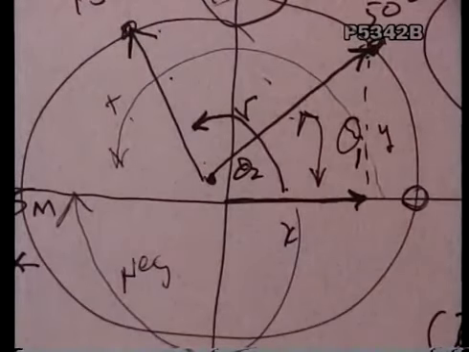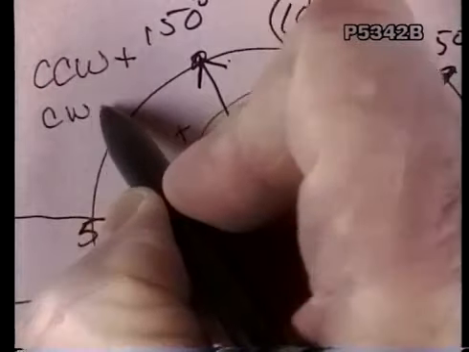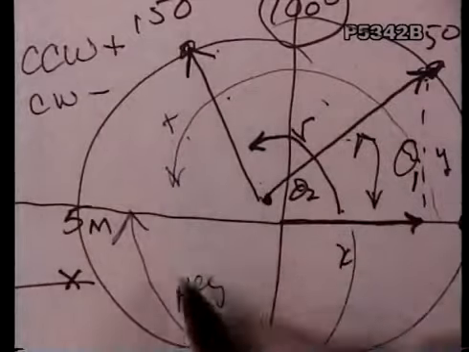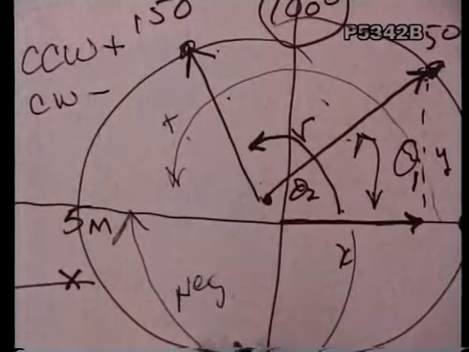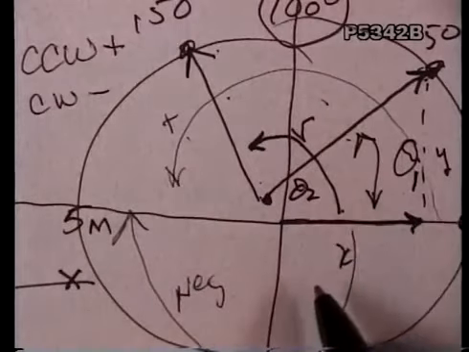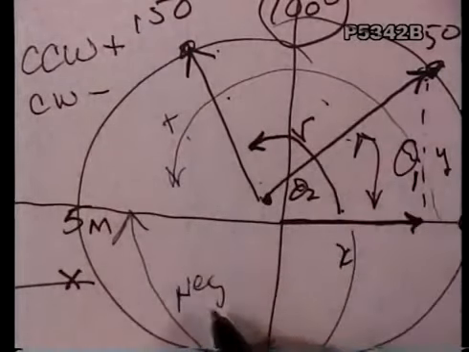That's fairly easy. Now, we sometimes say that counterclockwise is positive, whereas clockwise is negative. Counterclockwise is the opposite of the direction the clock moves. Clockwise is the same direction as the clock moves. So if we're going counterclockwise, it's positive.